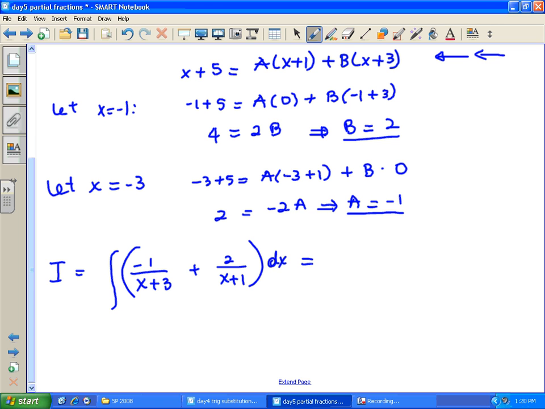We've done much more difficult integrals than these, each individual one. And what will the answer be? For the first one, it will be negative ln of x plus 3. And for the second one, 2 times ln of x plus 1 plus c.